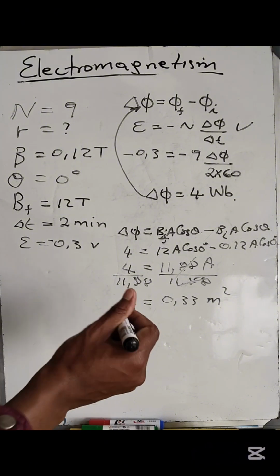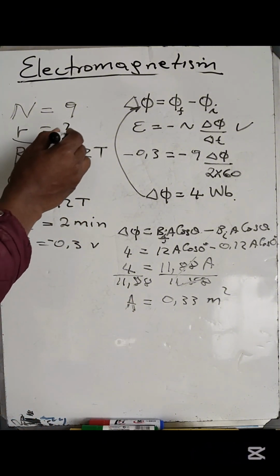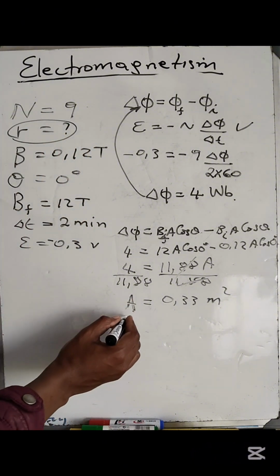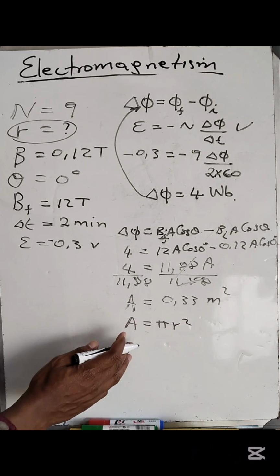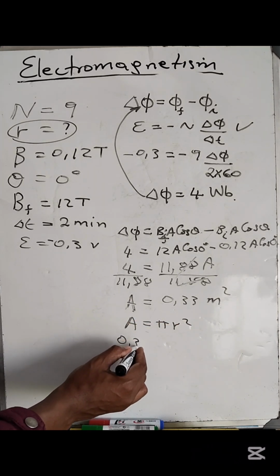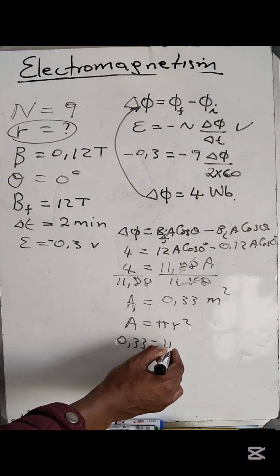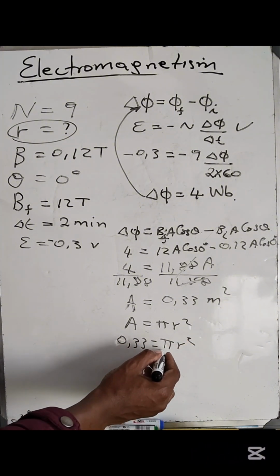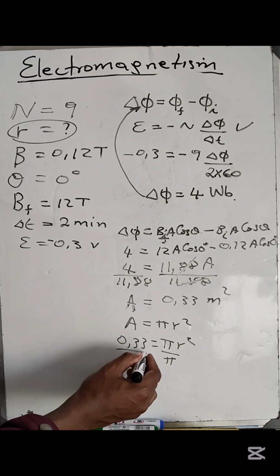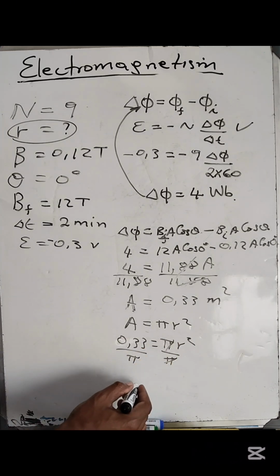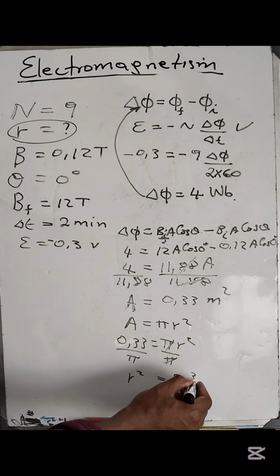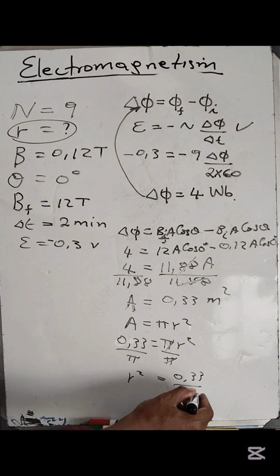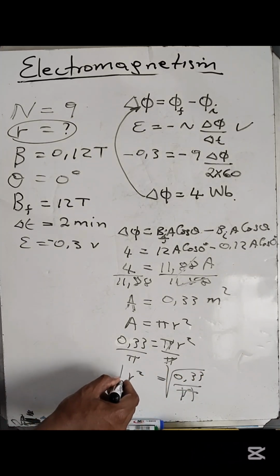The question was to calculate the radius. The area of a circle is pi r squared. So the area is 0.33, which is equal to pi r squared. You can divide by pi on both sides. So we get r squared equal to 0.33 divided by pi, then square root both sides.